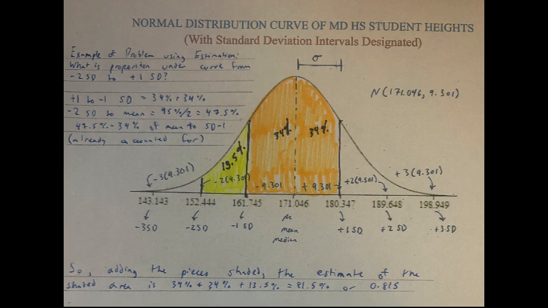Ultimately, add up the 34% representing the mean to +1 SD, the 34% of the mean to -1 SD, and 13.5% constituting the proportion from -1 SD to -2 SD. 34% plus 34% plus 13.5% equals 81.5%, which we translate to a proportion of 0.815, considering that the entire area under a normal curve is 1.0.